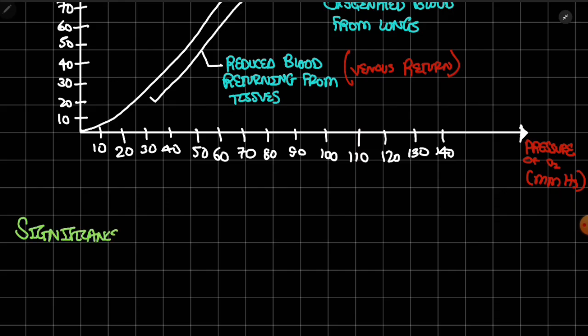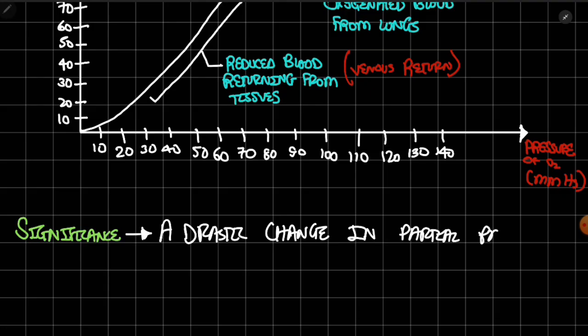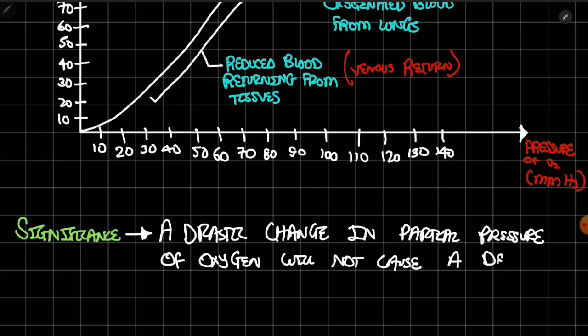The significance of the graph is basically a drastic change in partial pressure of oxygen will not cause a decrease in hemoglobin concentration, or rather say hemoglobin saturation of oxygen.